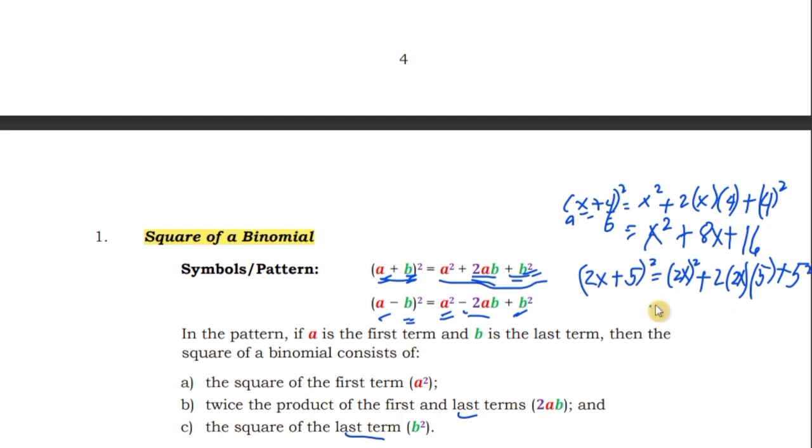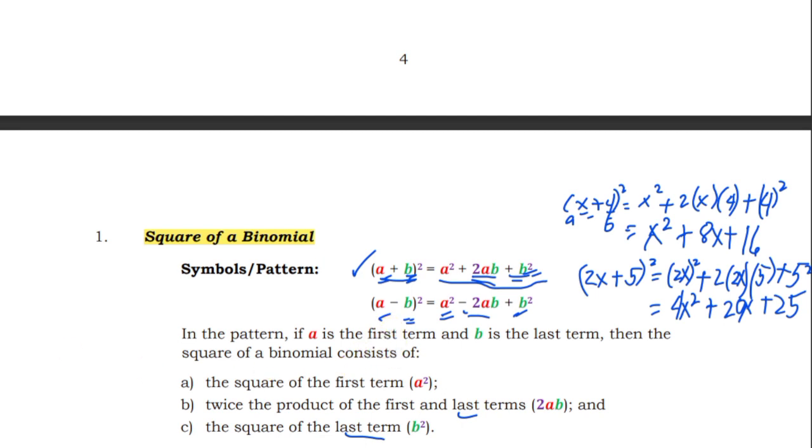So we have here the square of 2x, 2x times 2x, and that is 4x squared, plus 2 times 2x is 4x times 5 is 20x, plus 25. This is how we answer everything given this pattern.